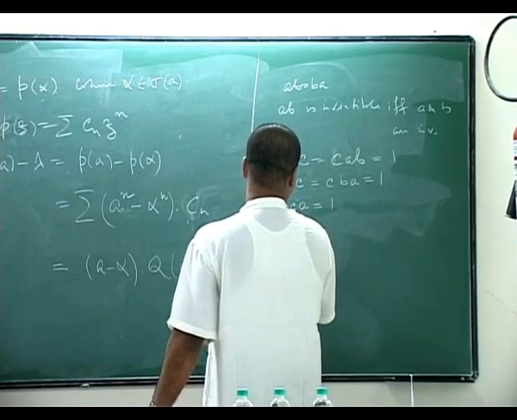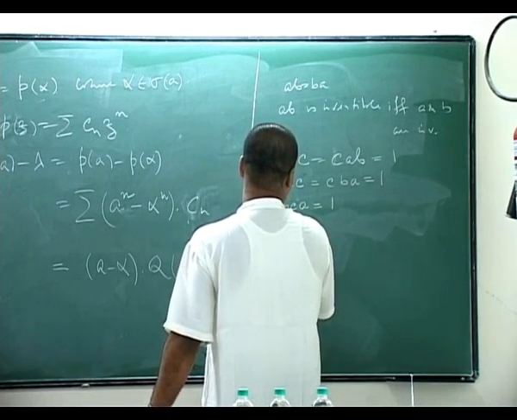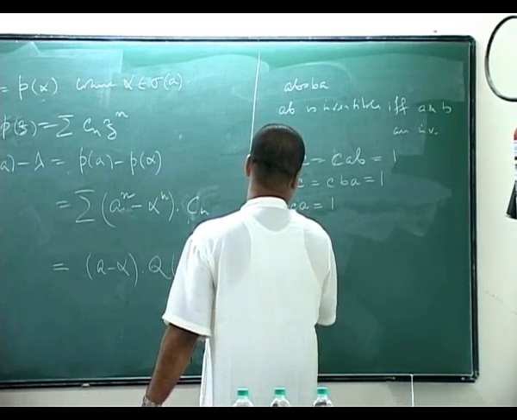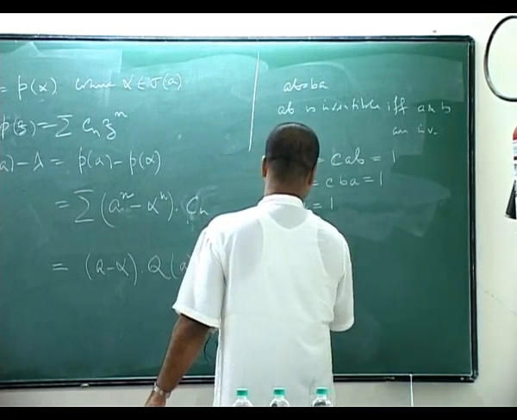I want to prove this is equal to 1. Let us multiply by A from this side and B from that side.